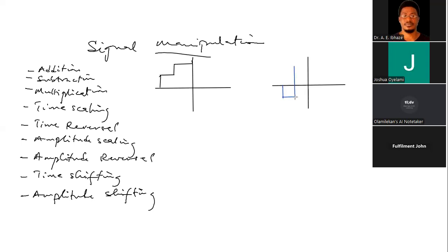Then we say it goes this way. Then it goes this way. Then it comes this way. So in other words, I have a point here. Let's come back to this and then this.